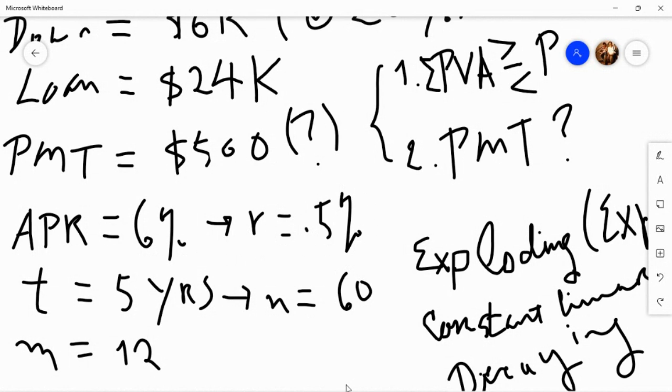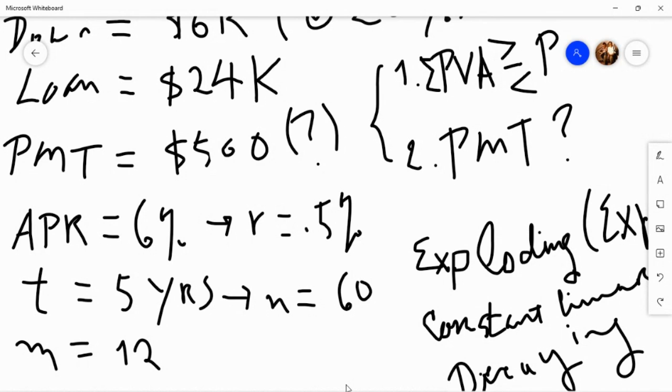Just mentally, you calculate, oh well, since $500 is the monthly payment, for 60 months over 5 years, I'll be paying 30K. And that seems like a reasonable deal because the loan is 24K, the difference is 6K, so 6K must be the interest that I pay.